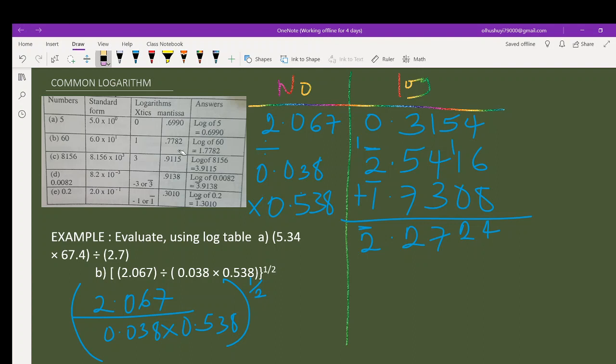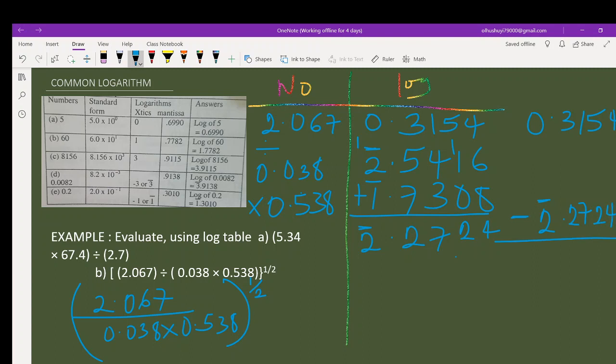So we are supposed to be having 0.3154 minus, we subtract from this, bar 2.2724.